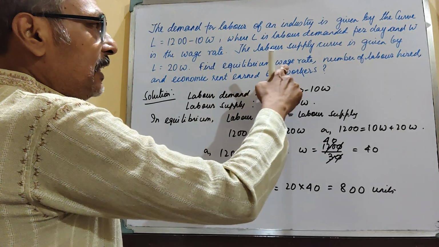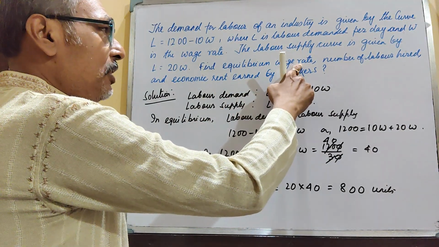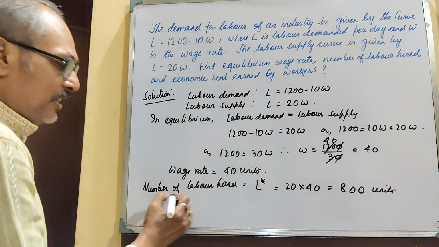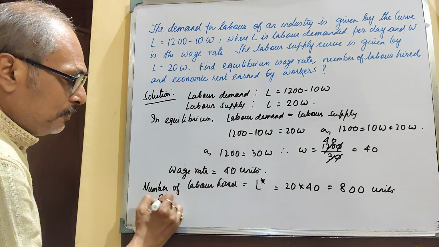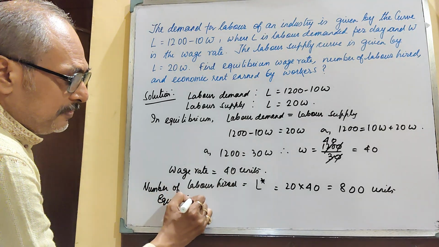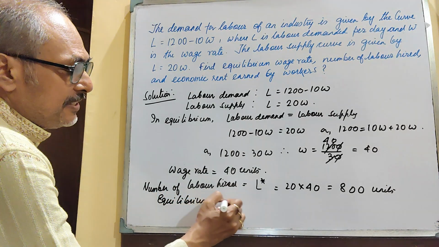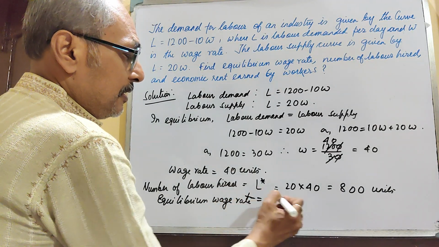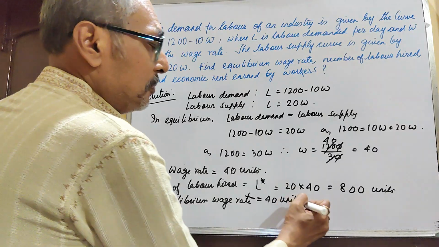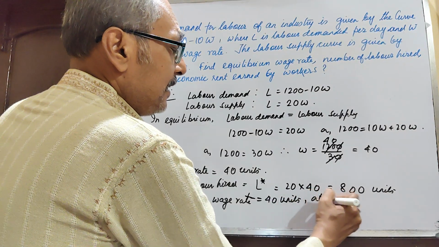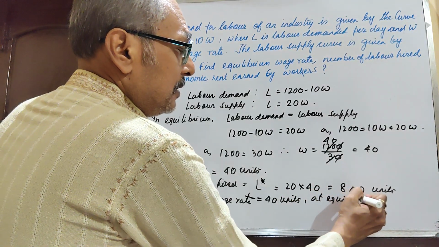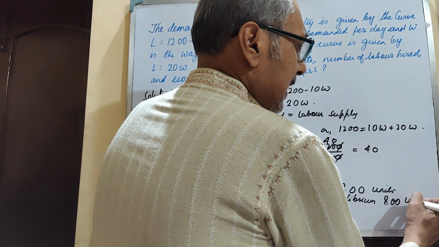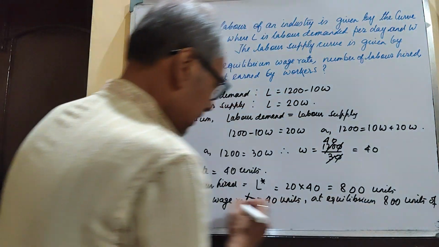Now we have done equilibrium wage rate and number of labor hired. Therefore, answer: equilibrium wage rate is 40 units, and at equilibrium 800 units of labor are hired.